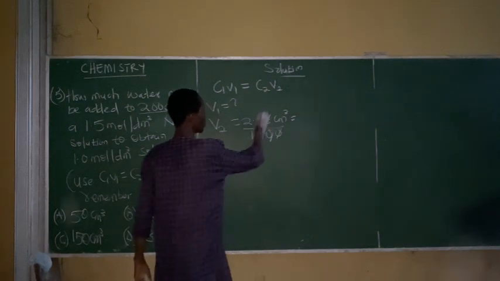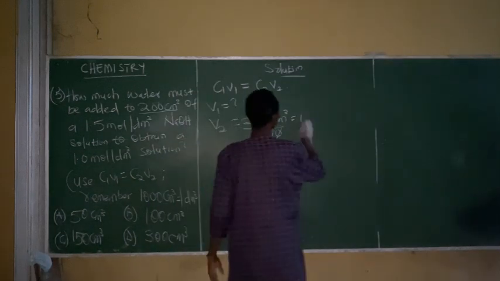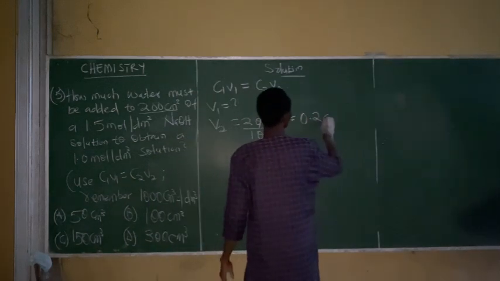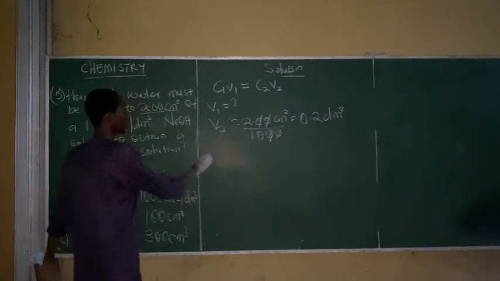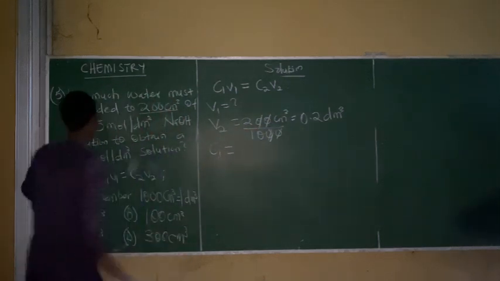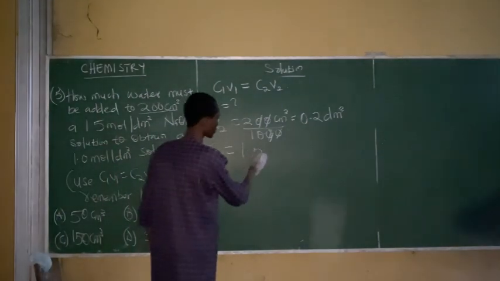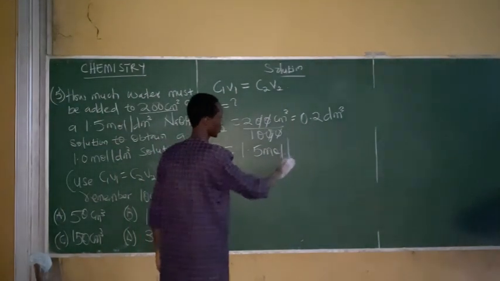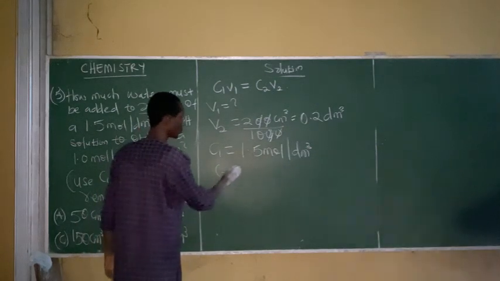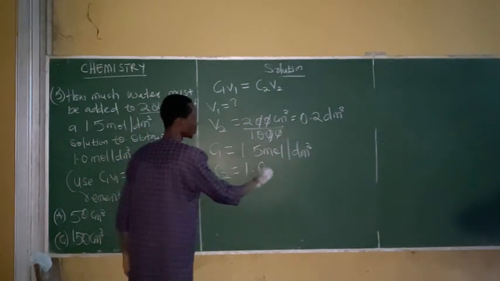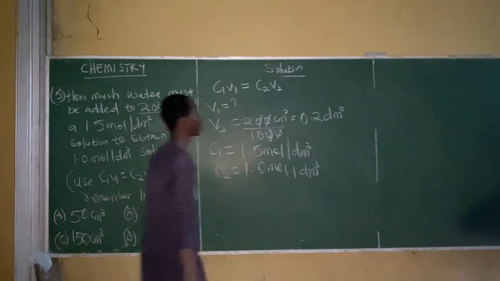We have 2 divided by 10 to give us 0.2 dm cube. You have converted from cm cube to dm cube. Our C1 is giving us 1.5 mole per dm cube, and our C2 is giving us 1.0 mole per dm cube.